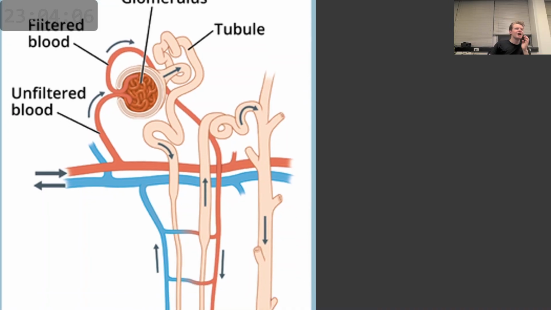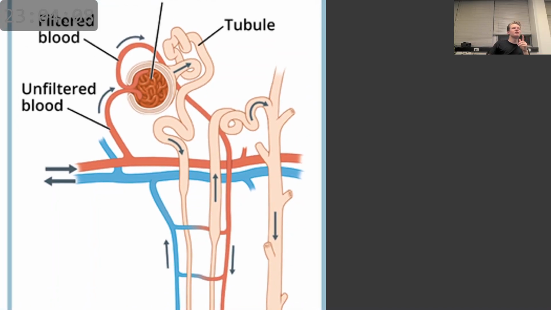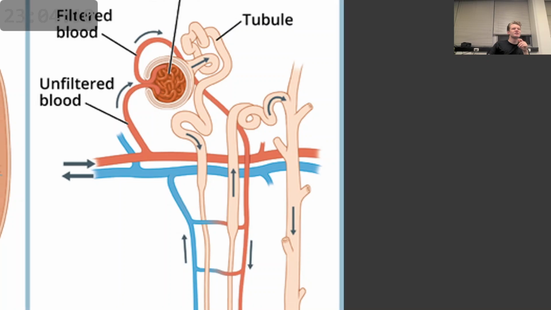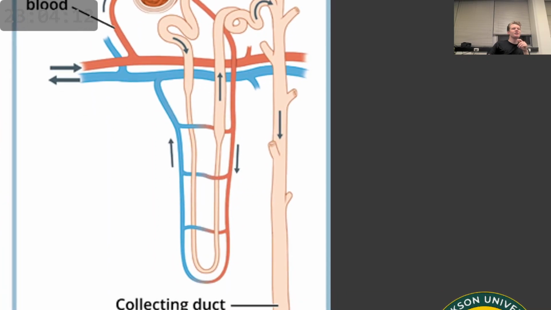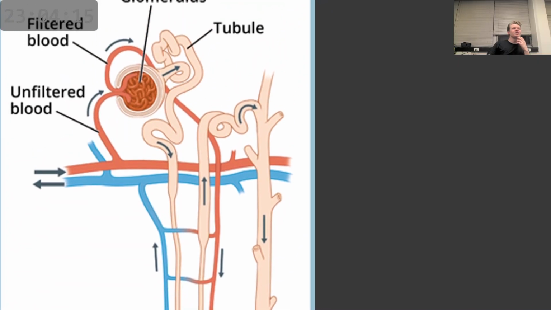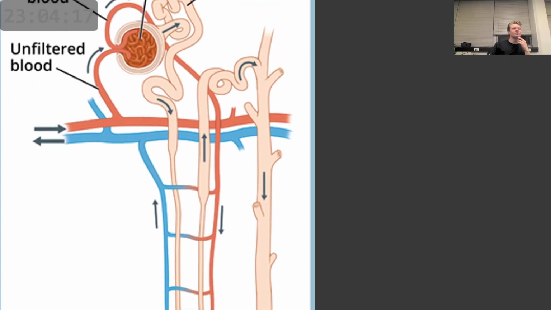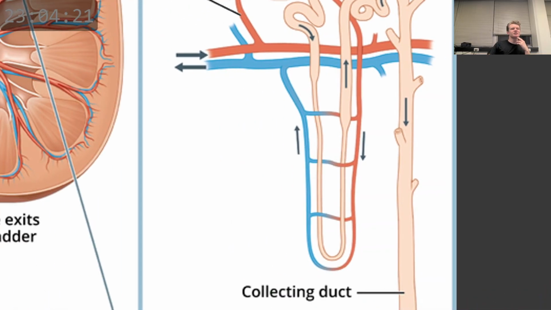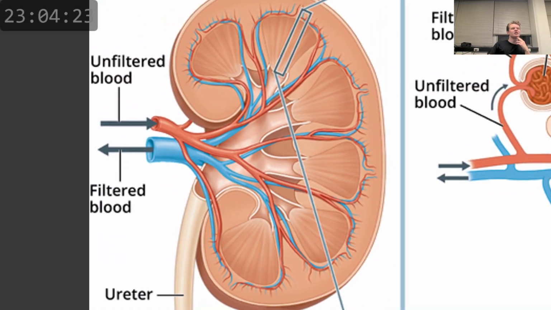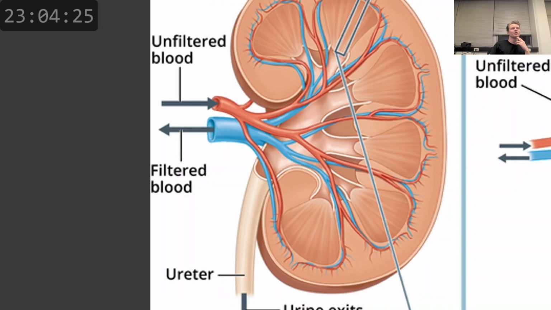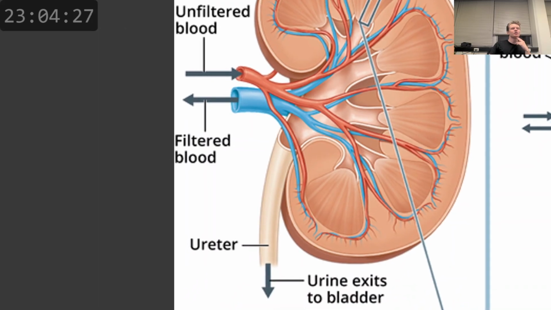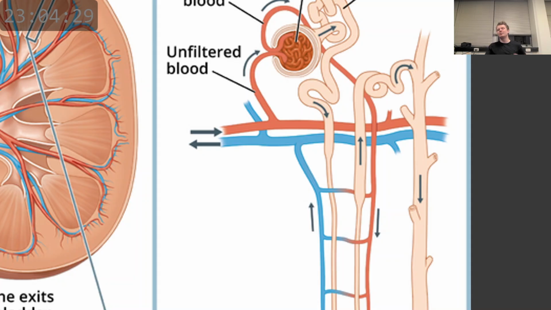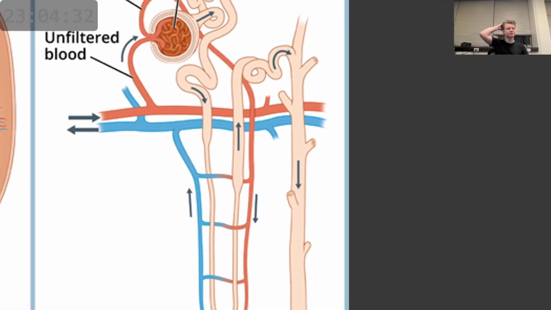We have what's called the proximal convoluted tubule. That's this piece right here, which goes down into our loop of Henle, comes up to the distal convoluted tubule, and then it collects here into one of these ducts that eventually comes into this section where they all collect together, which we call the renal pelvis, and then down through the ureter, and that's our urine. That's what's being formed here is our urine.